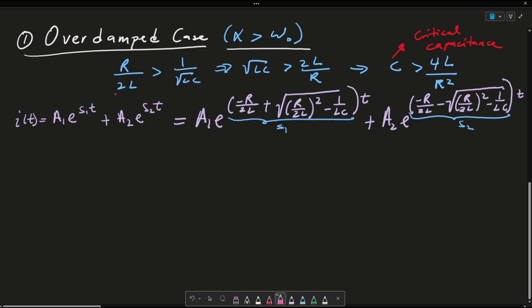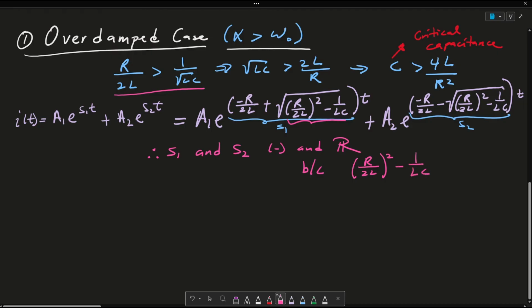And since R over 2L is greater than 1 over the square root of L times C, we can say then that therefore S1 and S2 are negative and real. And I hope we can all see that, but it's because what's in the square root bracket, so this term here, so let me write it out, R over 2L squared minus 1 over LC.